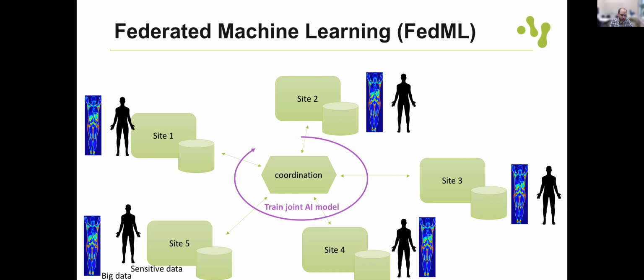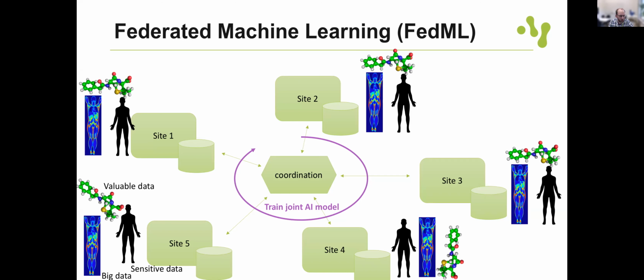It could be because data are big in many cases when we generate large-scale imaging and so on. Moving the whole data sets is almost practically infeasible. Or, as I said, that data is valuable, and I exemplified this with the drug discovery projects and pharmaceutical companies.